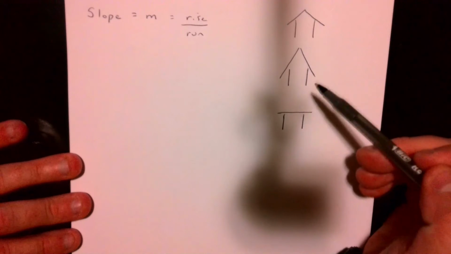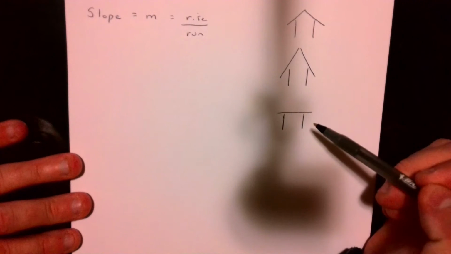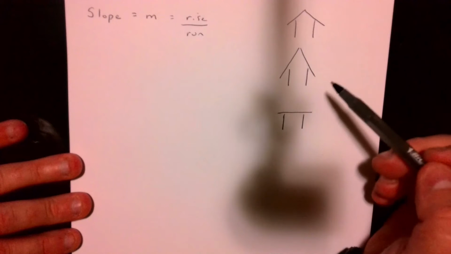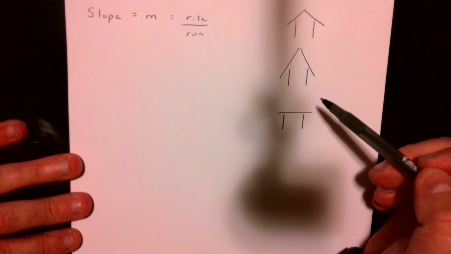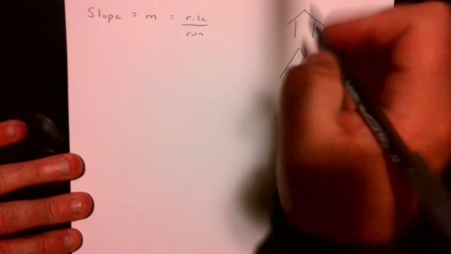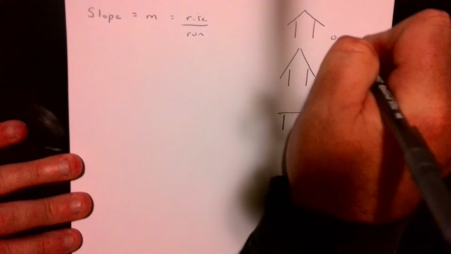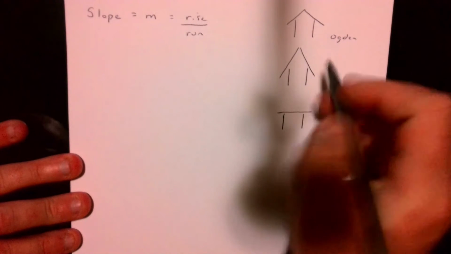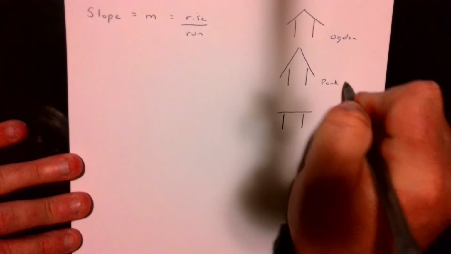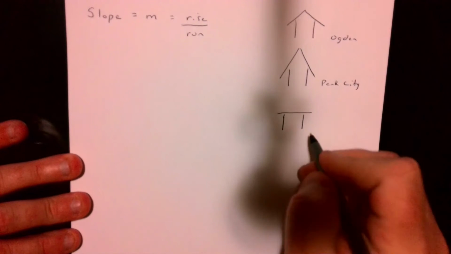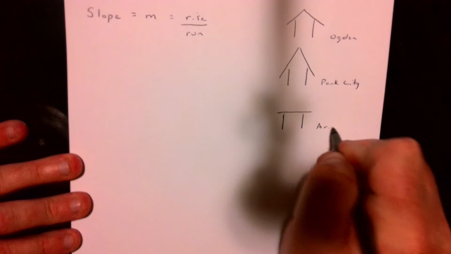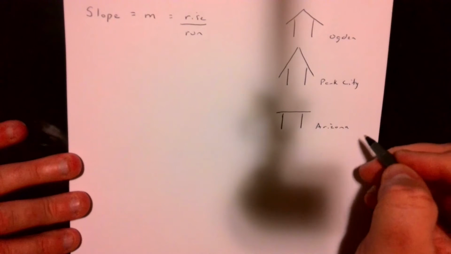Which one goes where? Which one's in Arizona, which one's in Park City, and which one is in Ogden? The top one is an Ogden house. The middle one is in Park City. And the bottom one is in Arizona. Why?